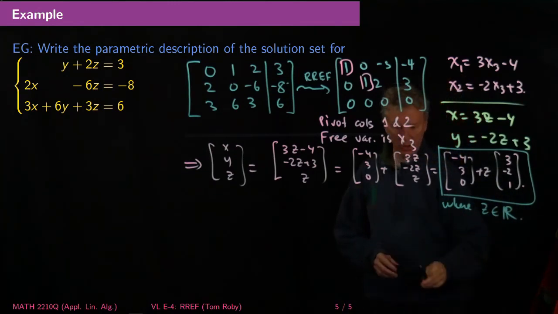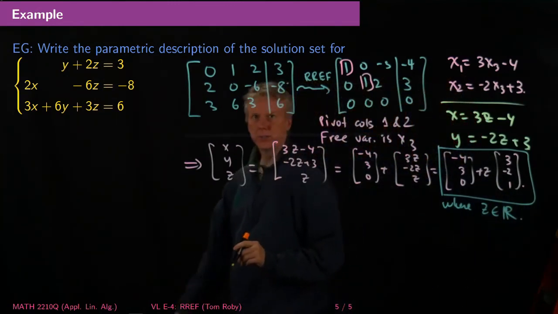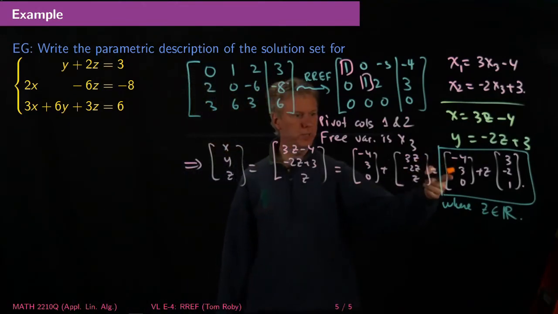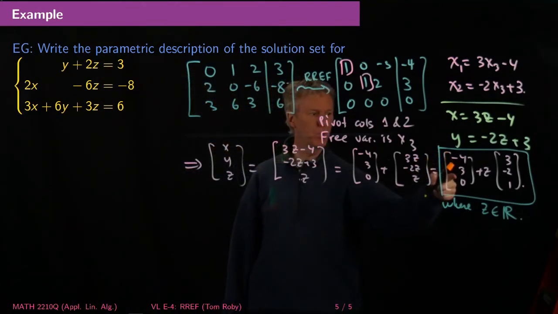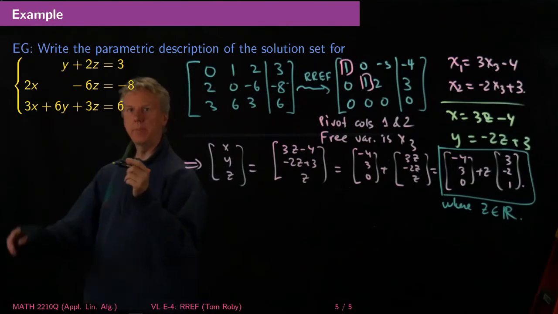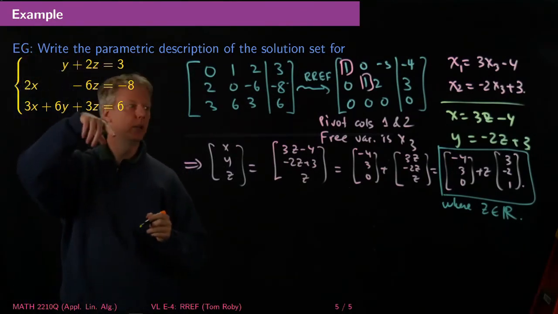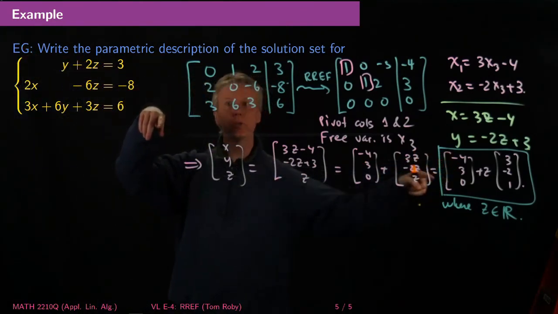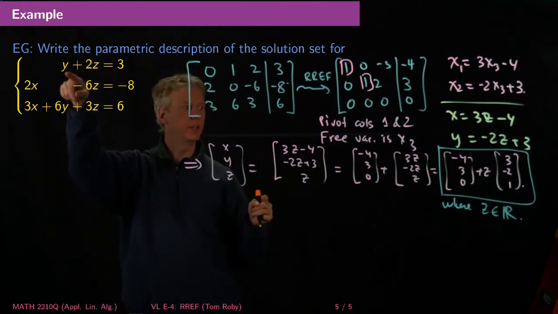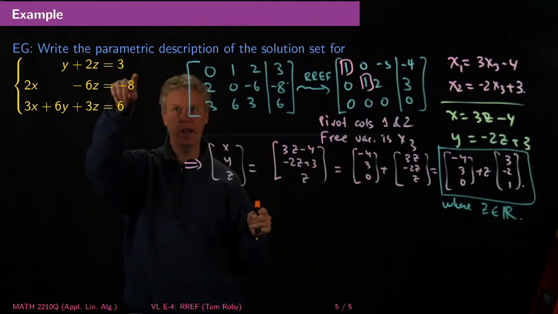And so it's always good to check your answers in your original equation. So according to this, one solution should be minus 4, 3, 0, right? So what happens when I plug minus 4, 3, 0 in here? Well, let's see. Then I'm saying that 3 plus 2 times 0 equals 3, check.